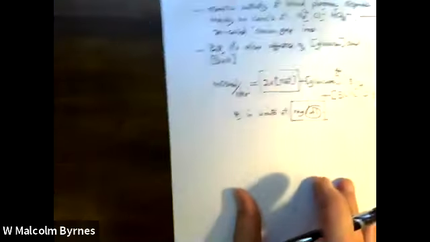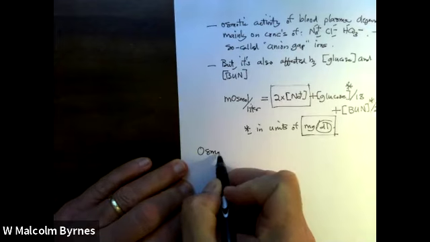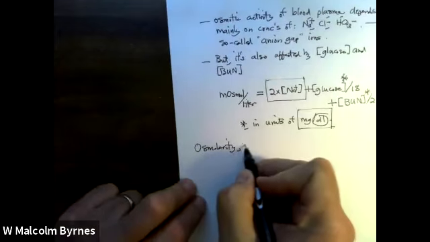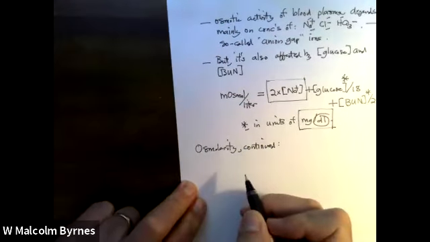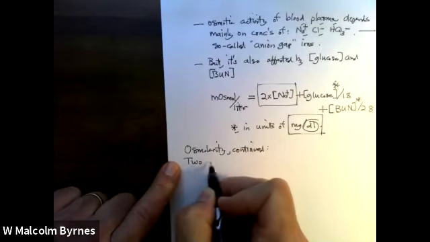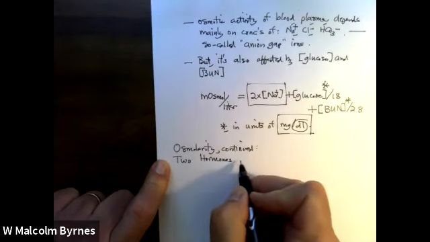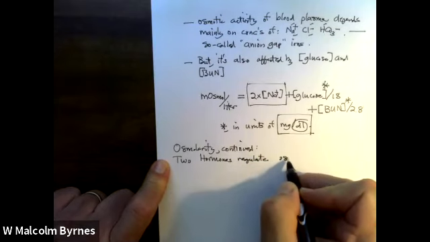So now let's talk a little bit more about osmolarity. Okay. So let's continue. And I want to emphasize or mention that there are two hormones that help regulate osmolarity.